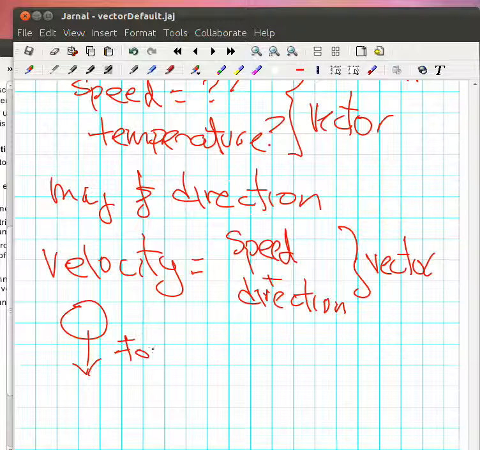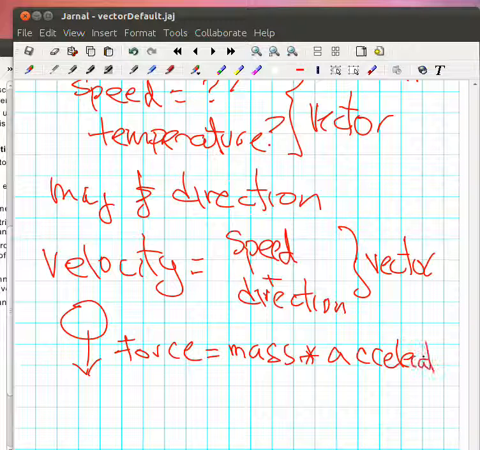So force equals mass times acceleration. Now is this a vector? This is also an example of a vector, because here we can see the force is pointing down. Down is the direction, because it's falling. And what is the acceleration?